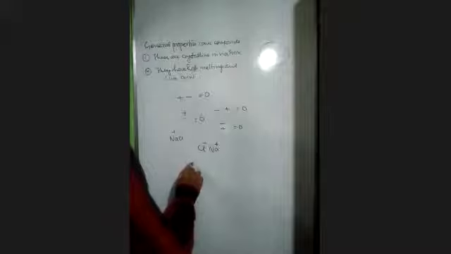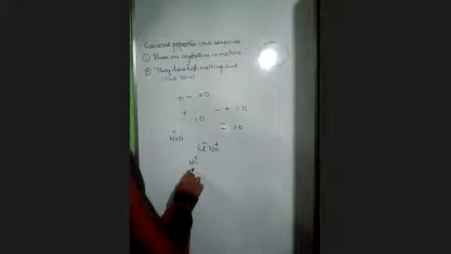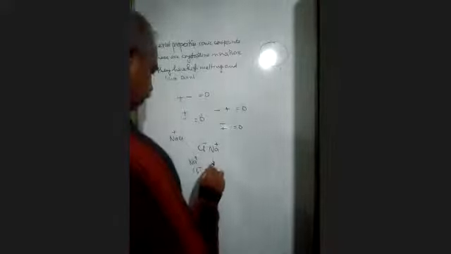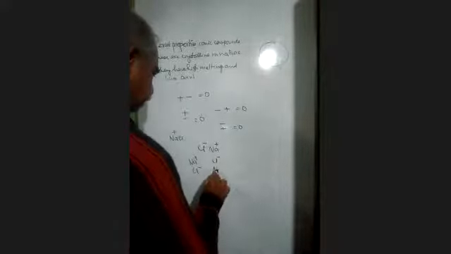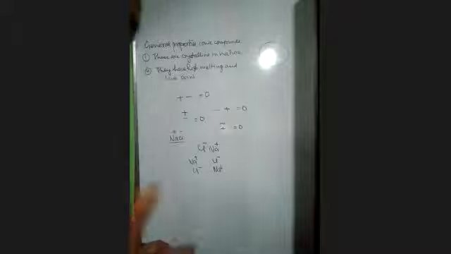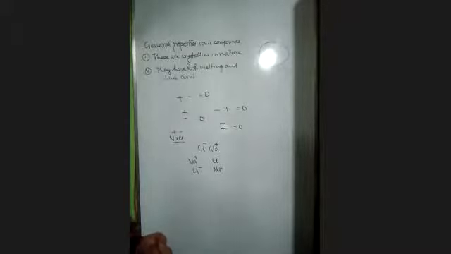If I write Na plus and Cl minus, that is also correct. Then why do you write like this? When there are so many options for writing the formula of a molecule, it may lead to confusion for people. So we give a ruling.